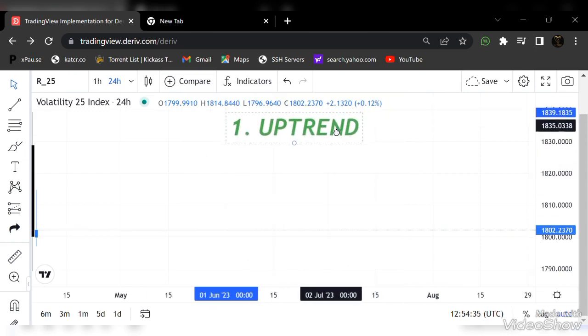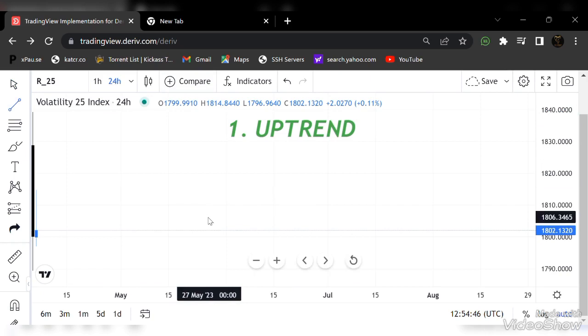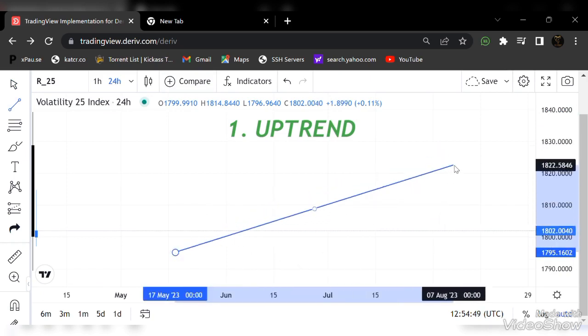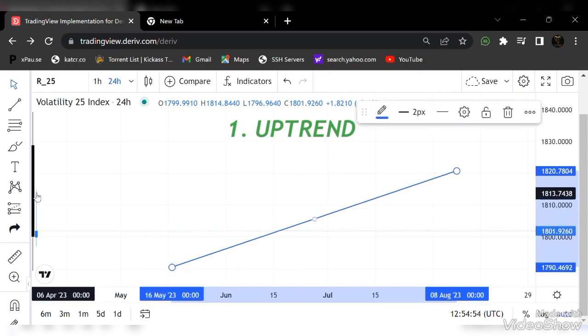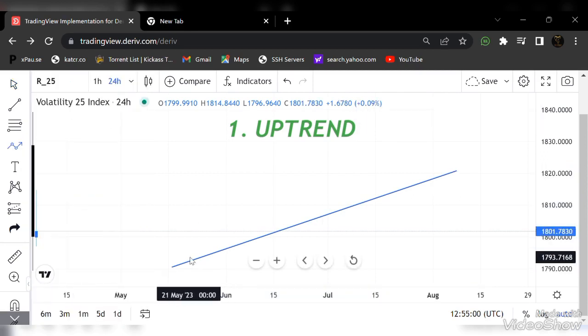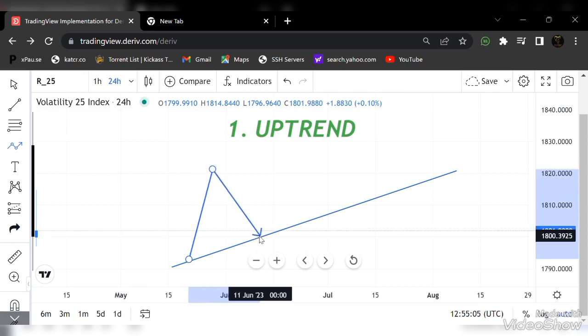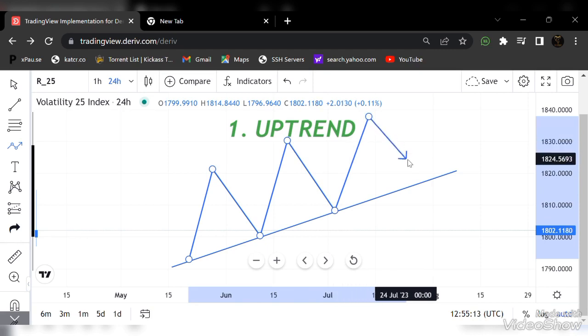So you must be asking yourself, how do you know that we are in an uptrend? For us to know that we are in an uptrend, the market should be creating higher highs and higher lows, higher high, higher low, higher high and higher low.